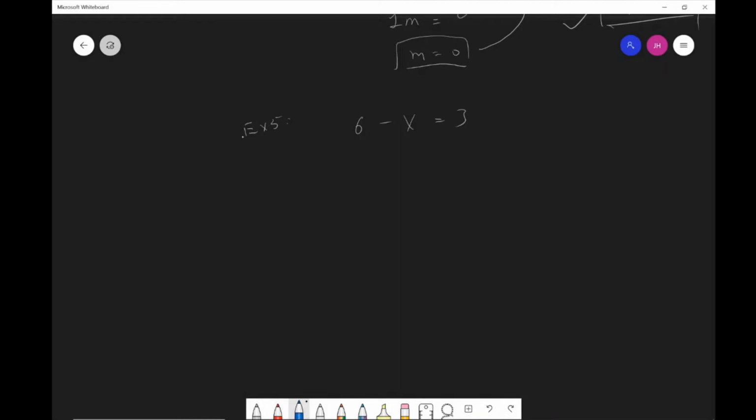So get rid of the constant, positive 6. To reverse it, you have to minus 6, which ends with 6 minus 6, that gets you 0. I have a negative x equal to negative 3. But that's not what I want.